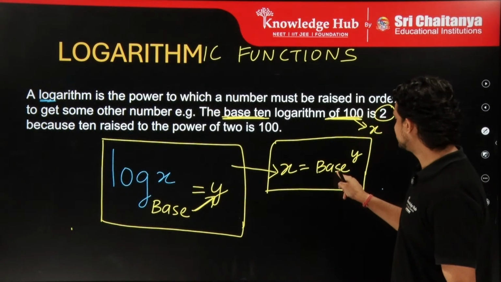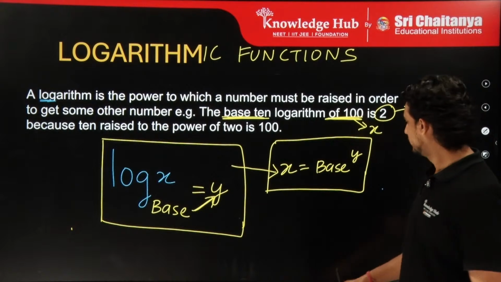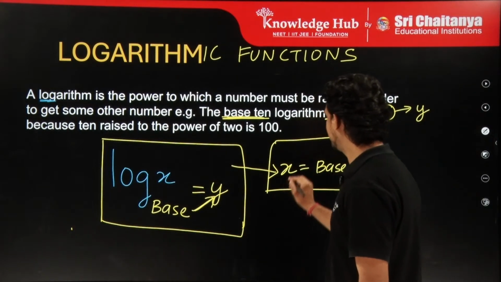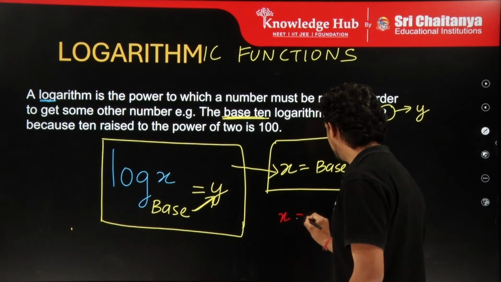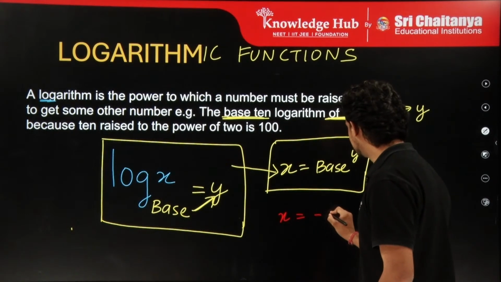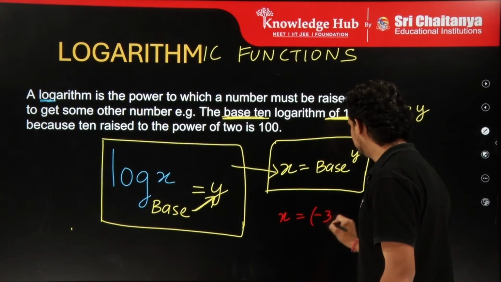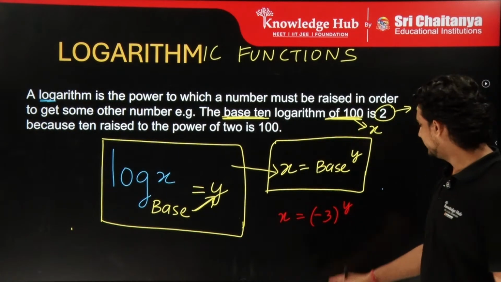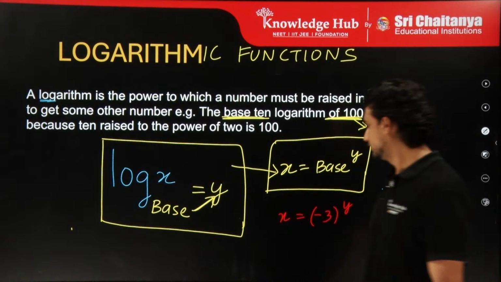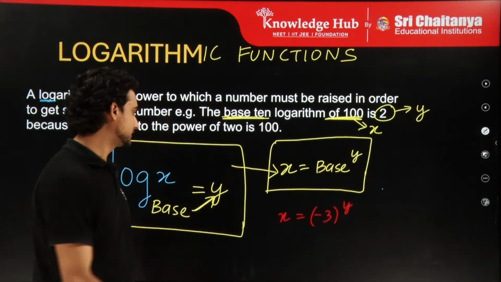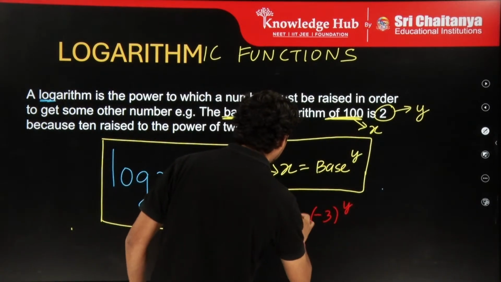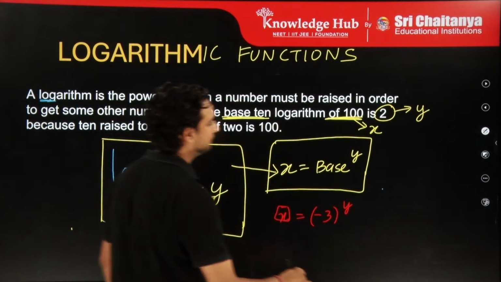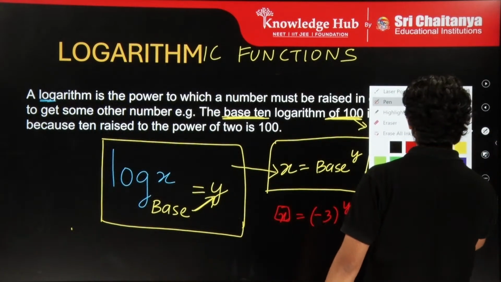And if I take this base as some negative number, so let's say x is some negative number, let's say minus 3 raised to y, right? This will be easy if you understand it by an example.